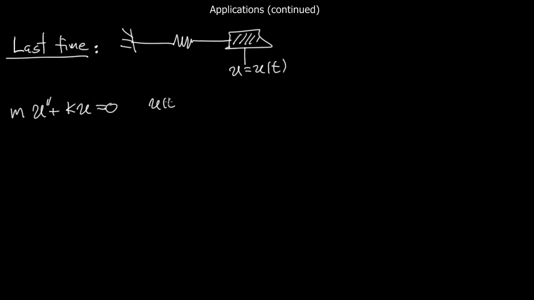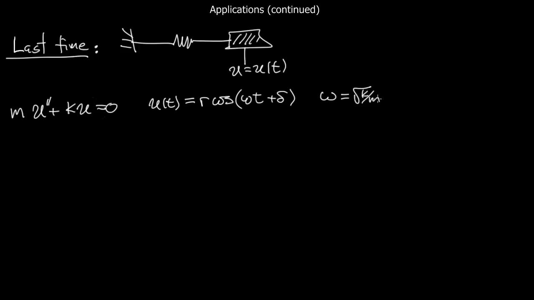And we analyzed that, and we saw that the motion of the block is a periodic motion. u of t is r cosine omega t plus some phase shift, where omega is the square root of k over m.